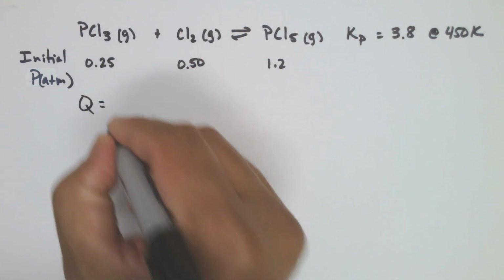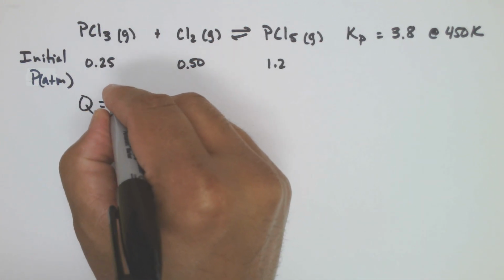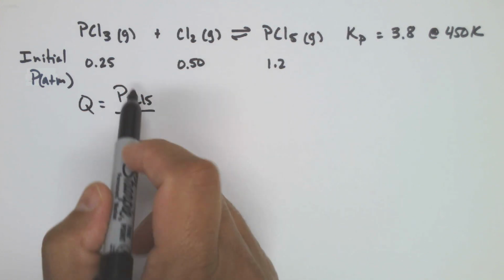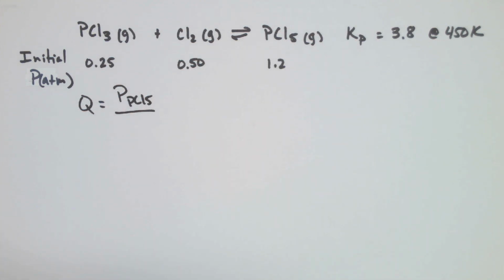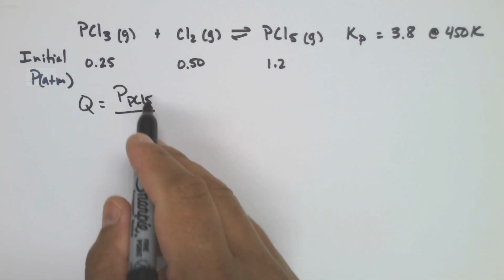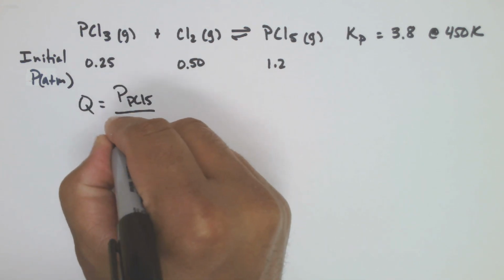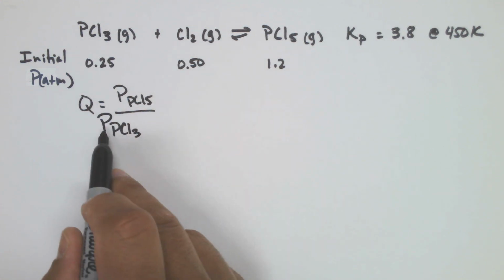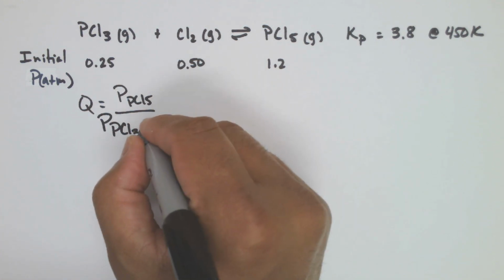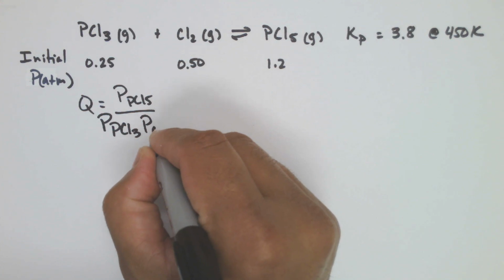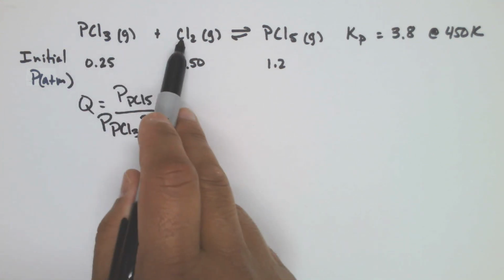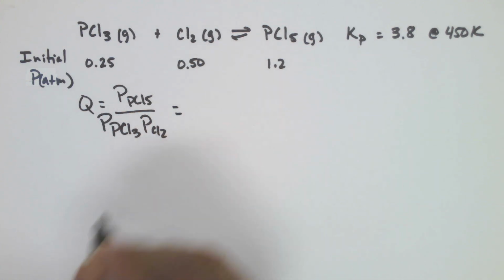So Q is equal to the partial pressure of PCl5, and that's raised to the 1 because of the coefficient of 1, divided by the reactants. So the partial pressure of PCl3 times the partial pressure of Cl2, both of these are raised to the 1 because of the coefficients in the balanced equation.